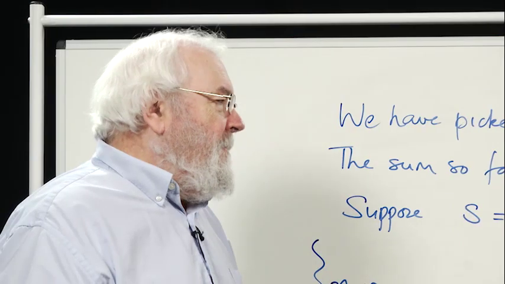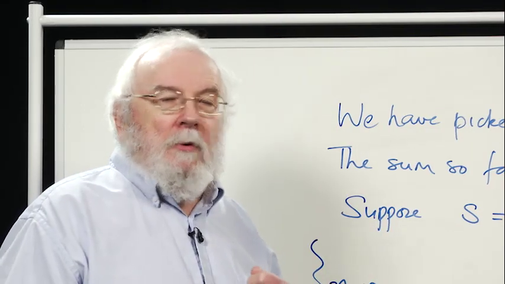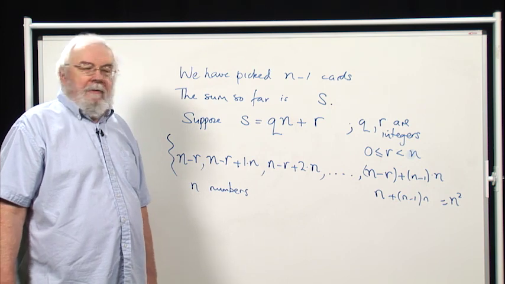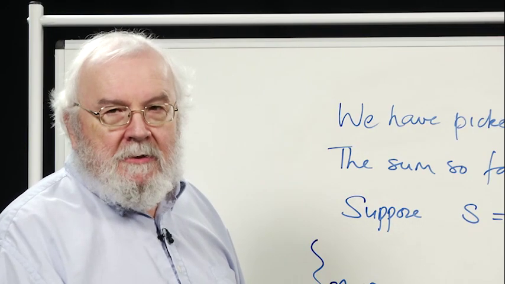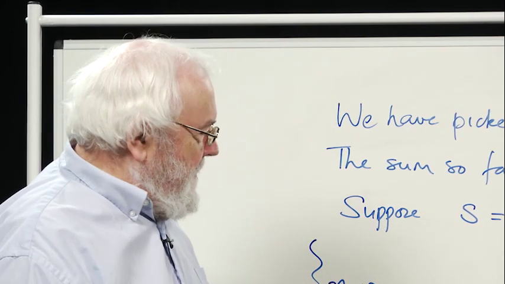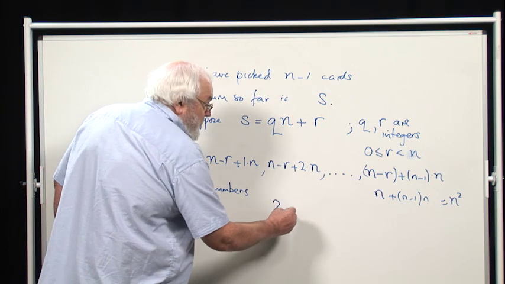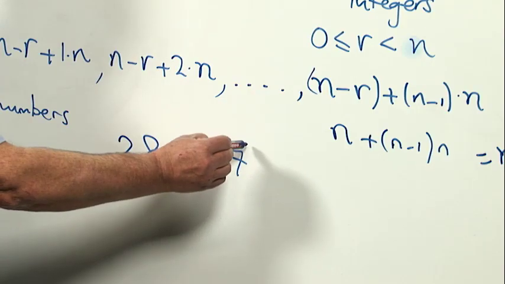So provided n squared is less than or equal to 300, then I can put down my nth card. Well, the largest square which is less than or equal to 300 is 289, which is 17 squared.